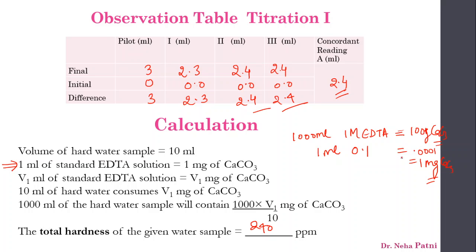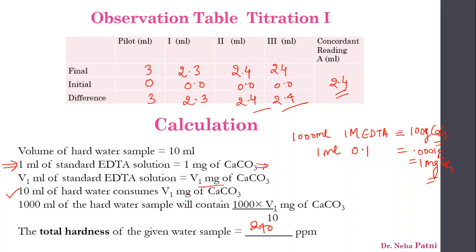So that is how you got this particular reaction, that 1 ml of standard EDTA consumes 1 milligram of calcium carbonate. So this is how you can simply see that this 2.4 ml EDTA reacts with 2.4 mg of CaCO3, and now this much hardness was only present in 10 ml because you have pipetted out 10 ml.